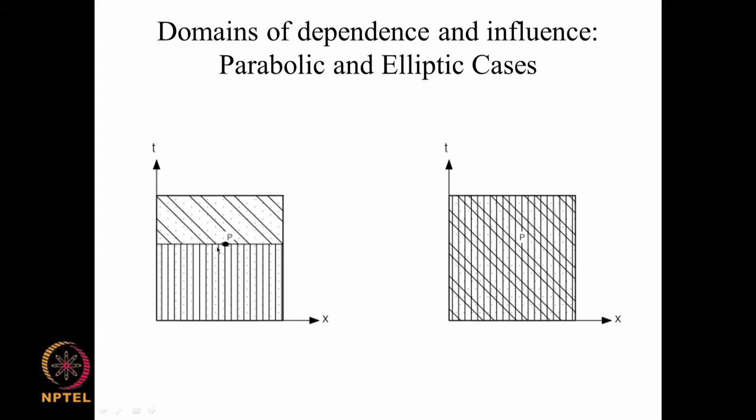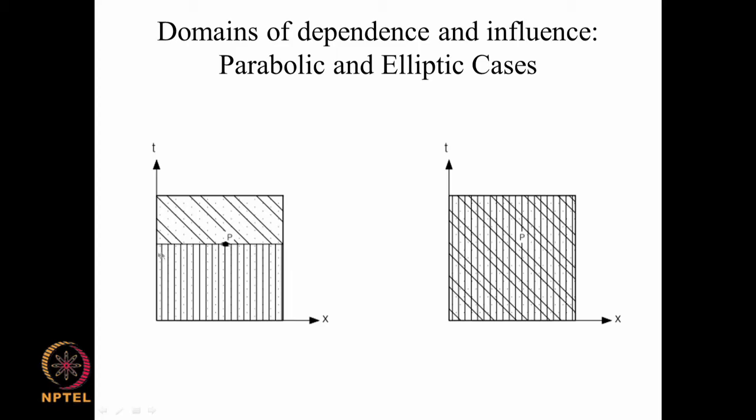So it is like both hyperbolic and parabolic are evolving, but the difference between a parabolic case and a hyperbolic case is that P here is influenced by all the values in the initial condition here, and it's also influenced by the values of all the boundary conditions right up to the time t that we are considering here.